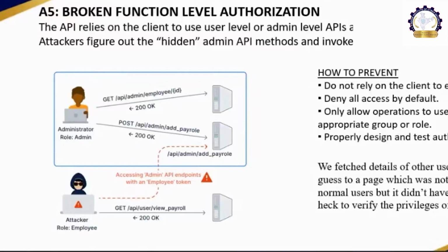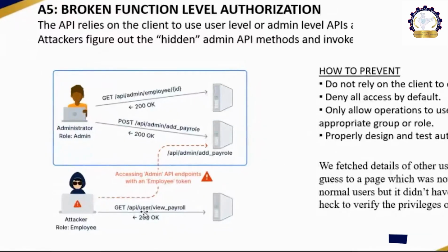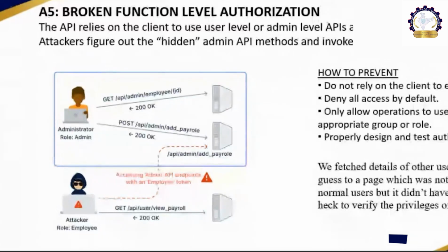If yes, then that is broken function level authorization, which is what we just did. He is accessing an admin API endpoint with an employee token. He has a normal employee token, but just by changing user to admin, he can access content which only an admin should access.